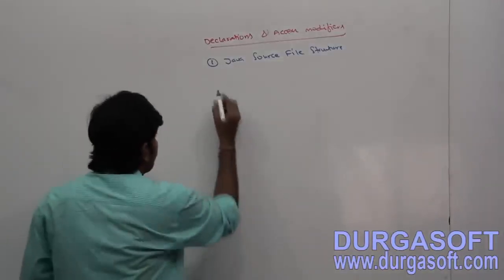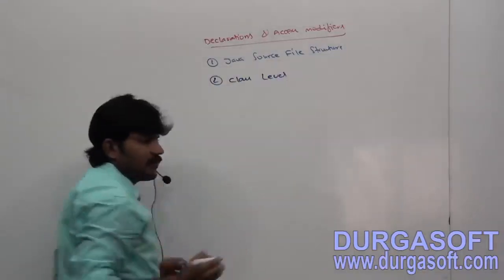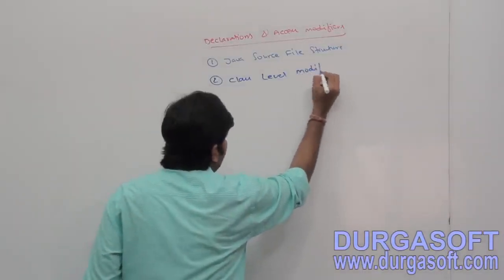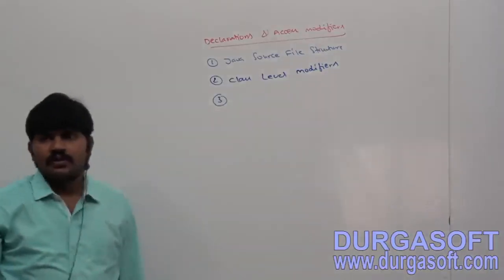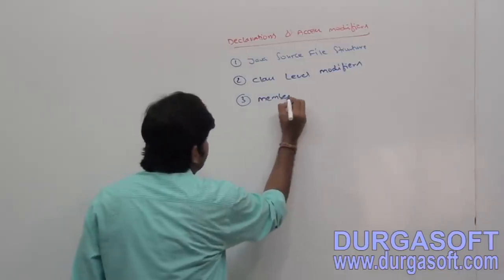Second one, class level modifiers. Third one, member level modifiers.